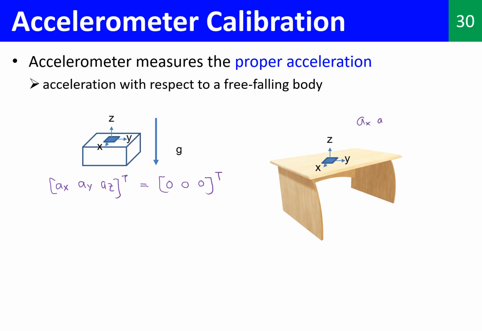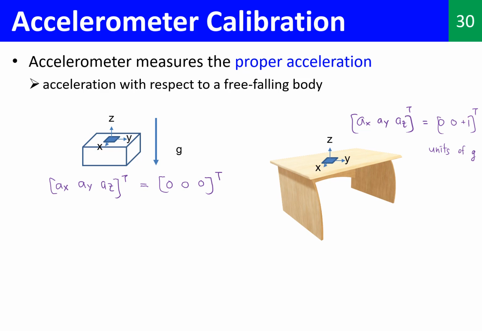AX, AY, AZ would be 0, 0, plus 1, in units of G. It is upwards because we are measuring with respect to a free-falling body.